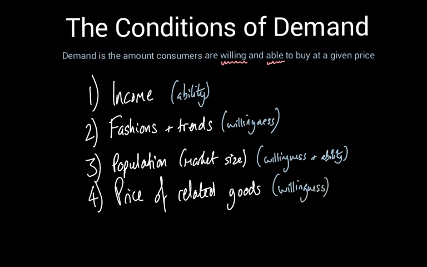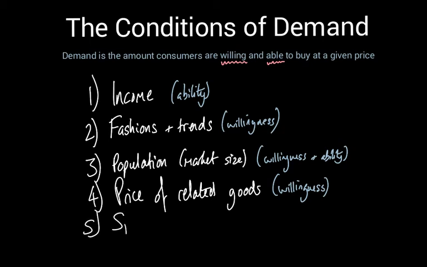An easy example of this would be Coke and Pepsi. The level of demand for Coke could be changed by changes in the price of Pepsi, because I might switch between the two. I'm going to go into that in a bit more detail, so don't worry too much about that now. Just remember that the price of related goods is one of the conditions of demand.